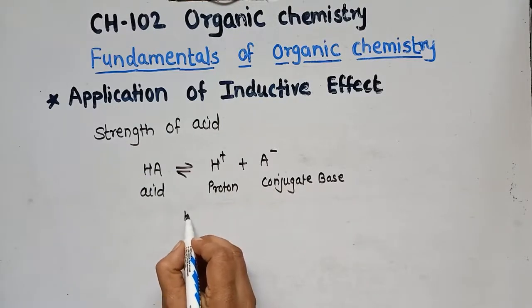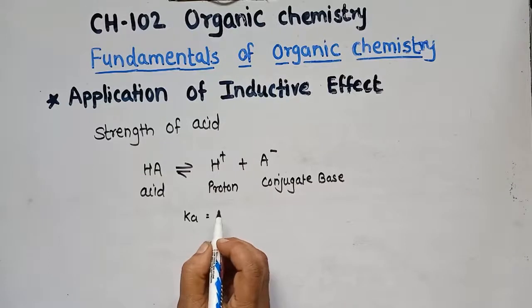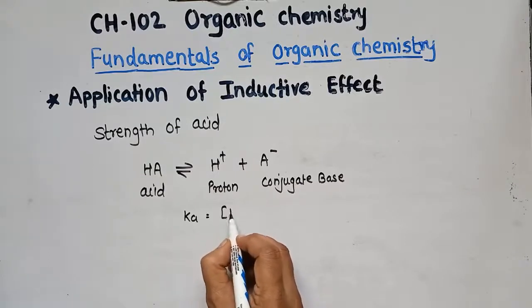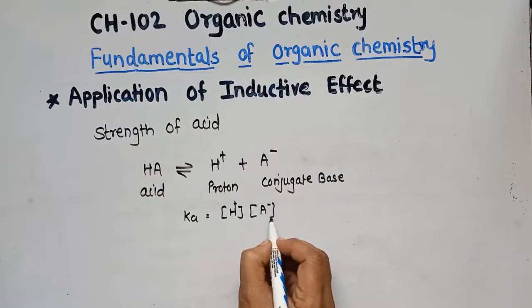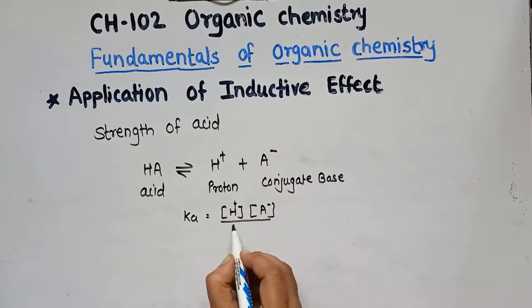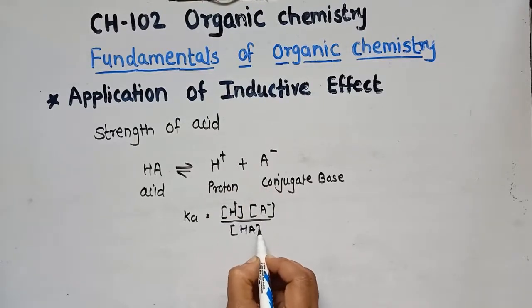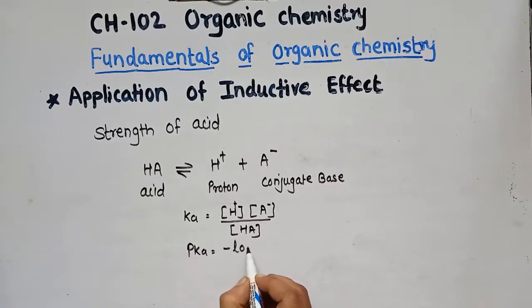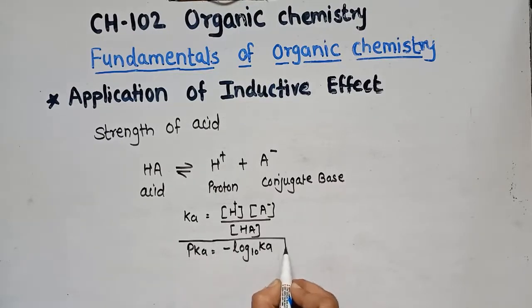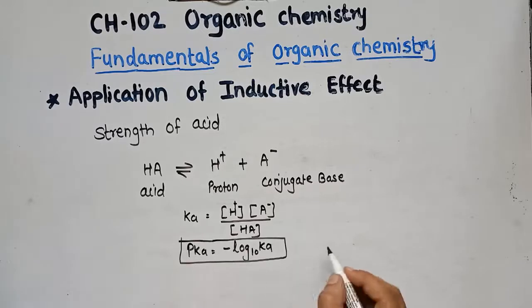Then we apply the law of mass action and find out the equilibrium constant, concentration of product upon concentration of reactant. So pKa is nothing but negative log to the base 10 of Ka. By this formula we can find out the pKa value.